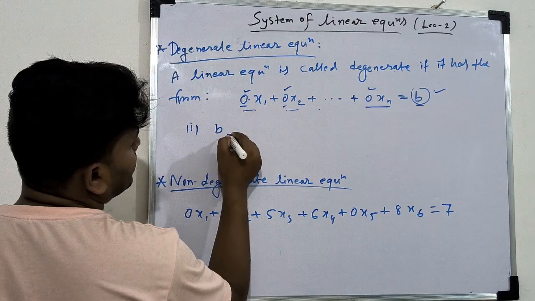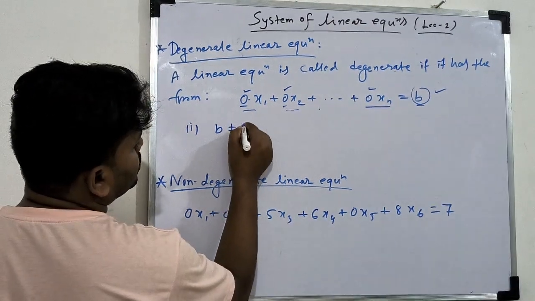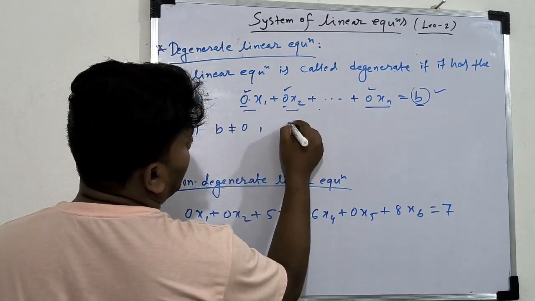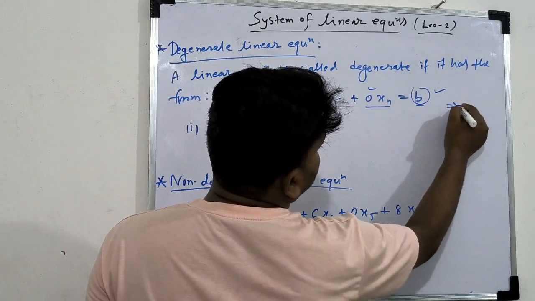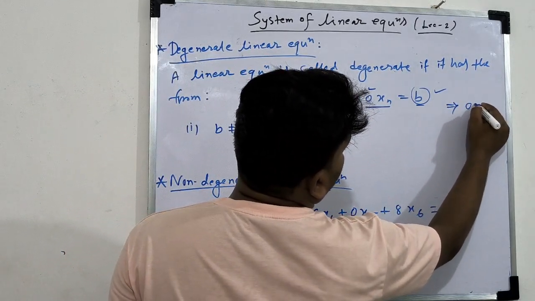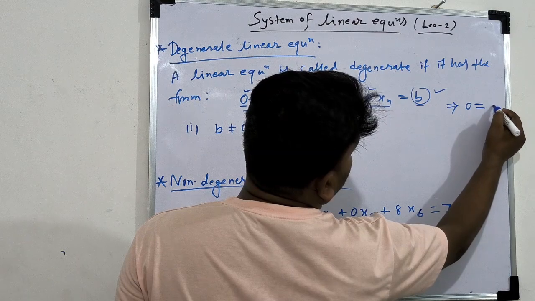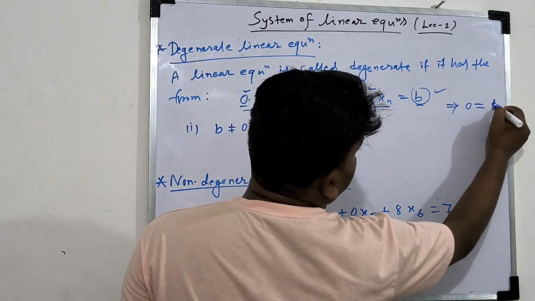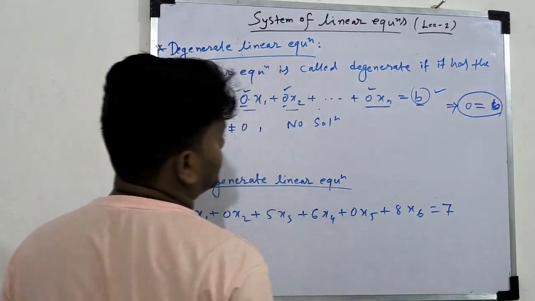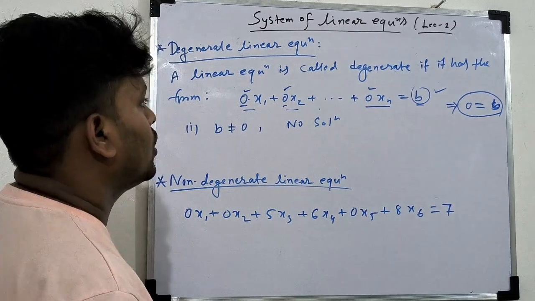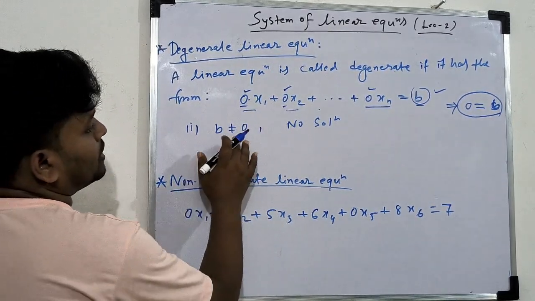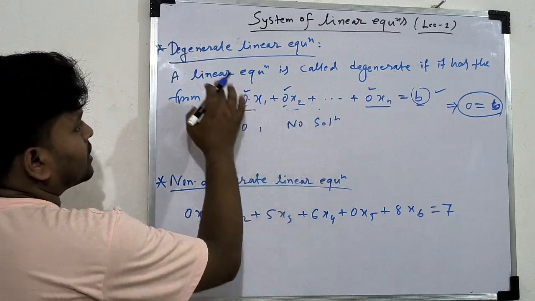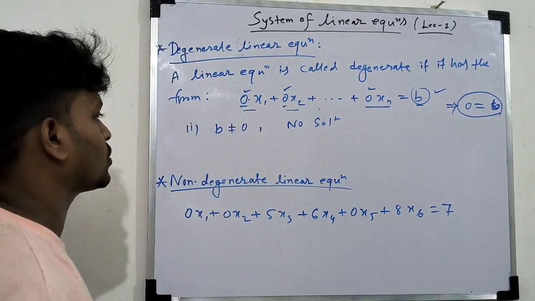If b is not equal to 0, this equation has no solution. The left side is 0, so if b is not equal to 0, then 0 equals a non-zero quantity, which is not possible. So this equation will not be satisfied if b is not equal to 0, and this degenerate linear equation has no solution.